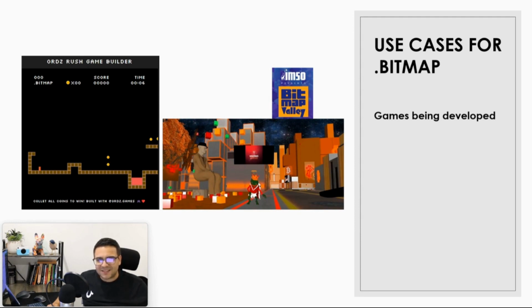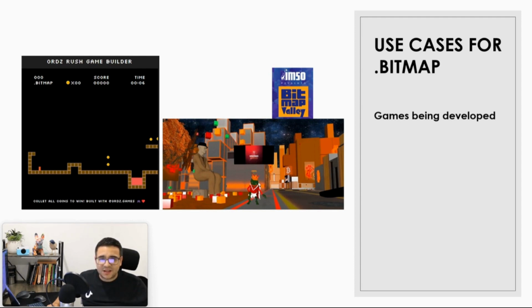I guess coming back to the previous use case that I looked at in terms of a pass or a ticket, that could potentially also be used to get access to off chain games, perhaps. Only bitmap holders can get access to play these games. Just a thought.